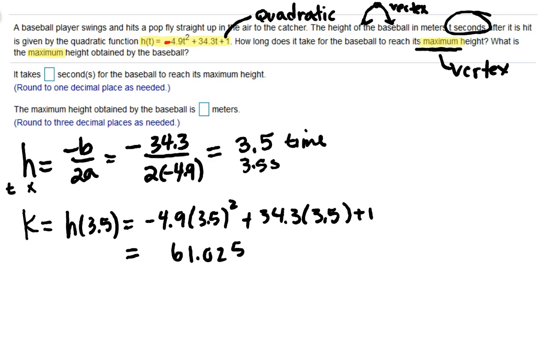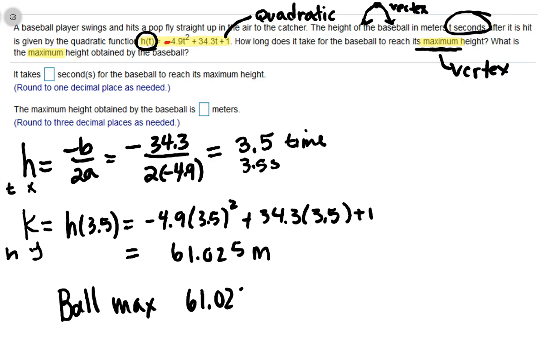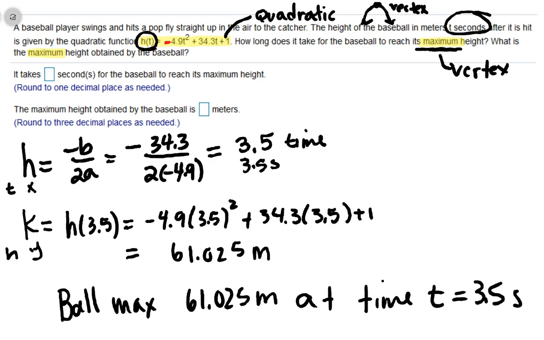Then typically the k is a y value, but our y in this equation is the height, h. So this 61.025 is the height of the ball, and that's given in meters. So the ball is going to reach a maximum height of 61.025 meters at a time of t equals 3.5 seconds.